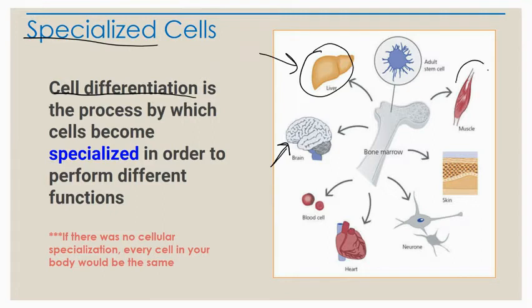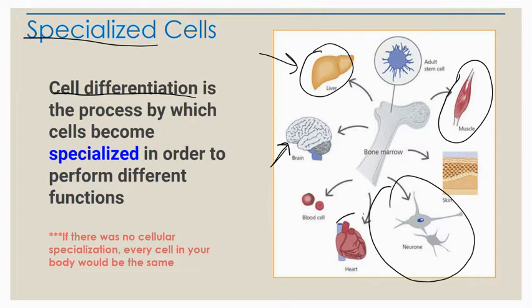So all of these different types of cells, muscle cells, other parts of our nervous system, our neurons, our heart cells, our blood cells, all of these different cells in our body are specialized to do a certain job, and they then come together as a whole to make that organism healthy and maintaining homeostasis.